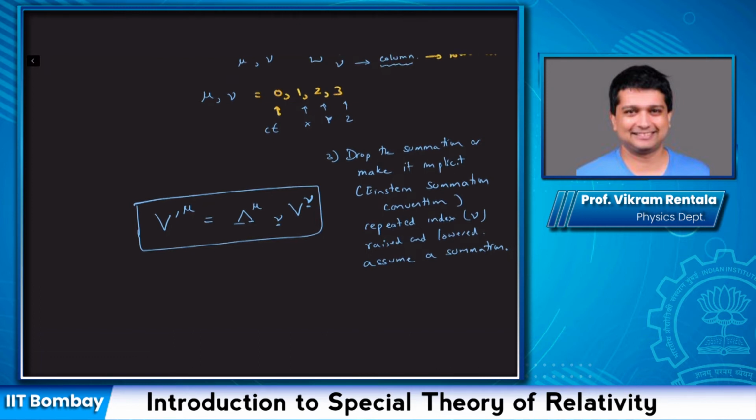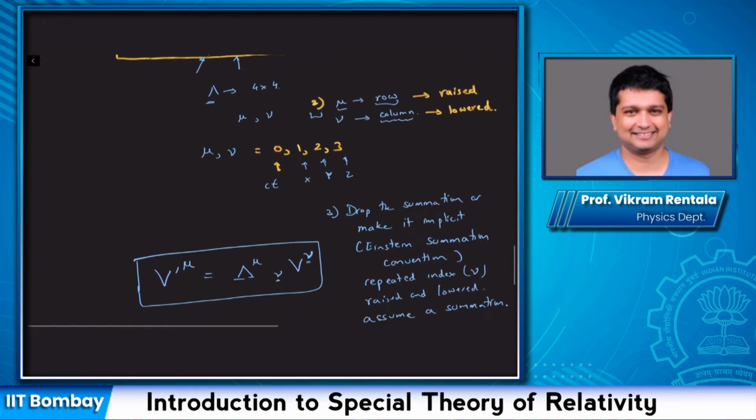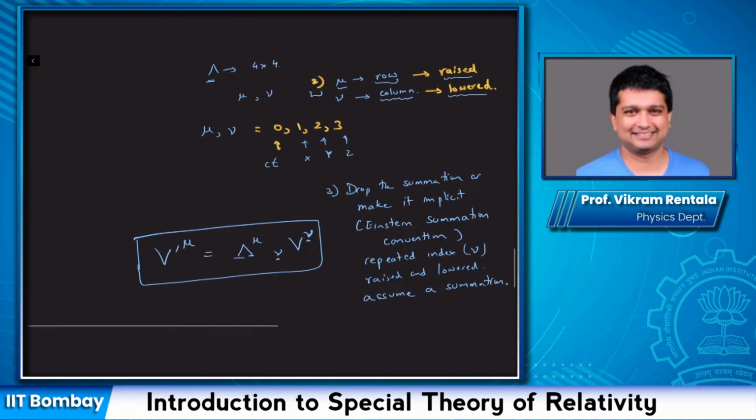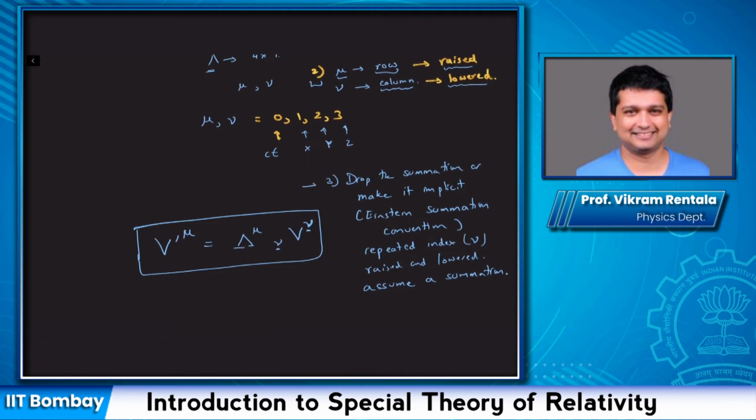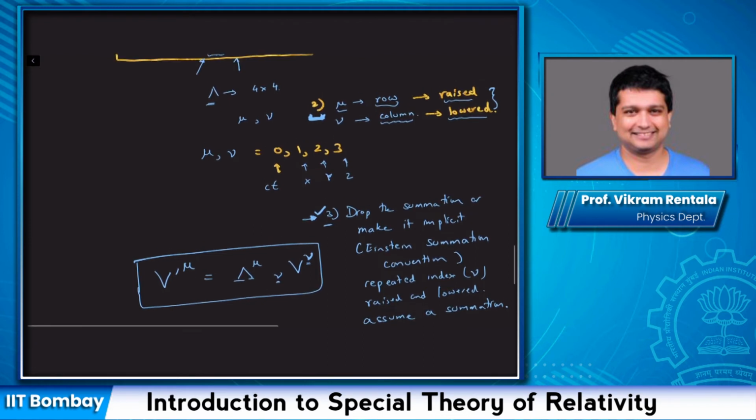Now we'll see that the second rule that we had for raised and lowered indices, where we took row indices and raised them and column indices and lowered them, is going to be incompatible with law number 3. So actually what we're going to do is take law number 3 as the correct notation convention, and we'll see what this implies for the generalization of the second law of raising row indices and lowering column indices.